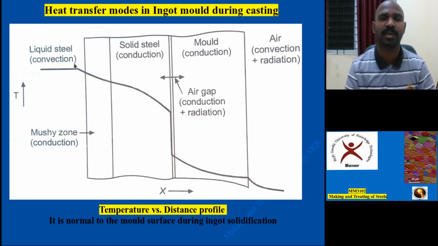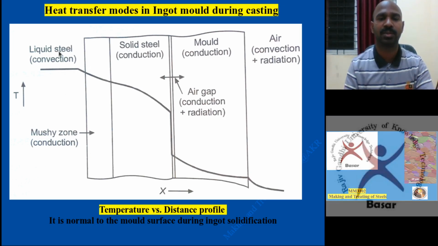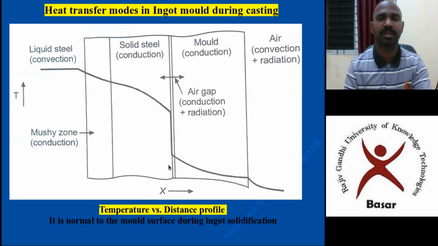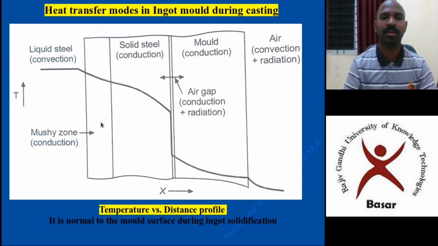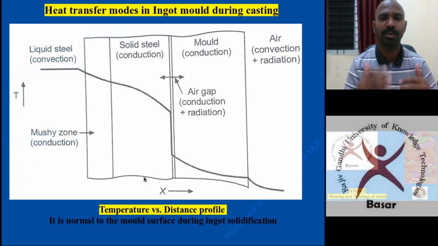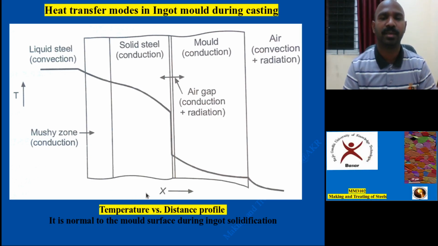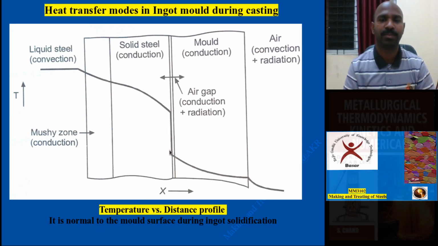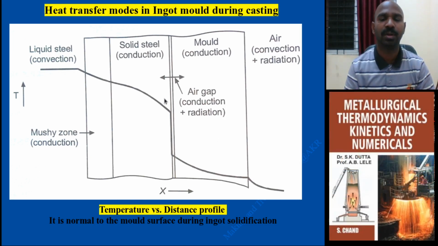This particular graph can also be analyzed. This is the highest temperature, and the temperature is coming down. This is the wall of the mold, and as you go to the other end of the mold, the distance of the mold, normally you can define and understand heat transfers.